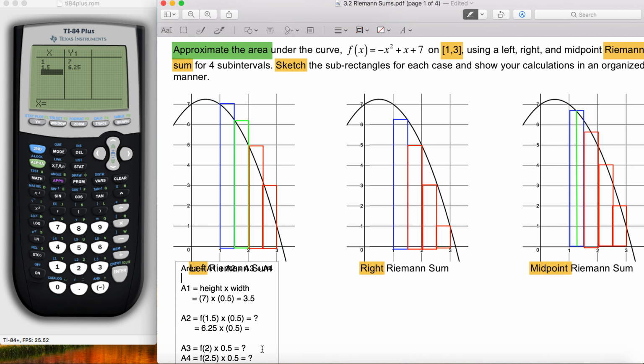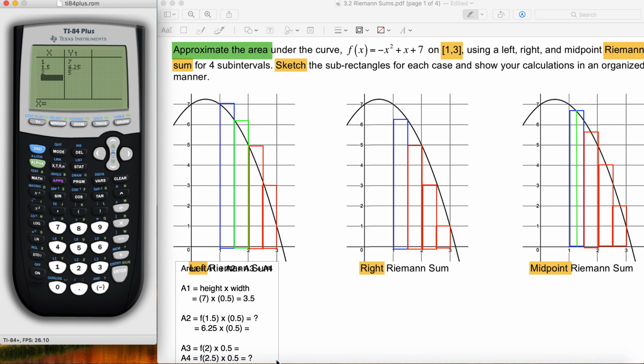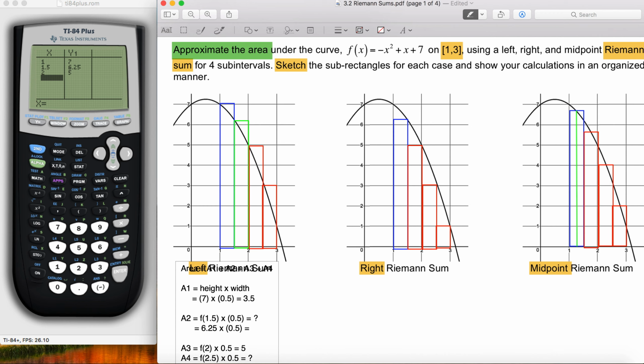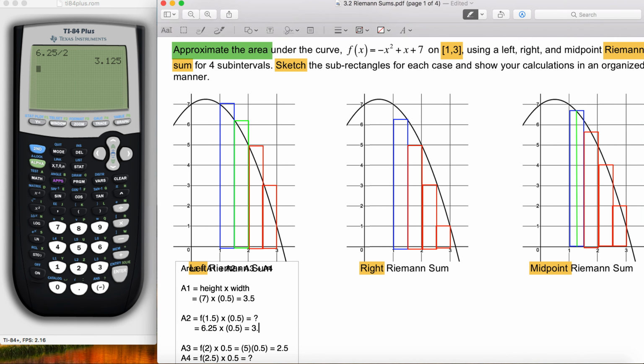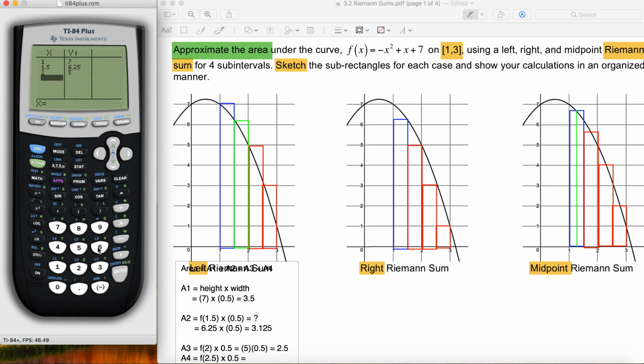And so why don't I just plug in what these are? We know that f of 2 is 5. So this is 5 times 0.5, which is 2.5. We know 6.25 times 0.5 is 3.125. And for the final one, we know f of 2.5, if I go back to my table, is going to be 3.25.